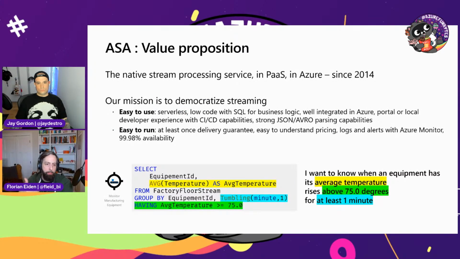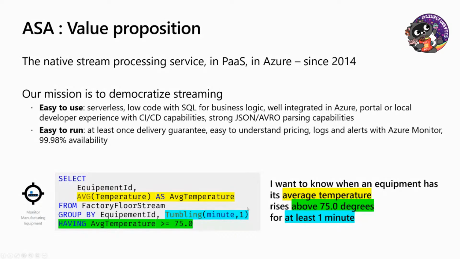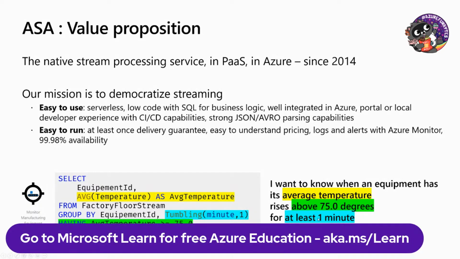As I mentioned, the mission is to democratize streaming, make that as easy as possible. Looking at that SQL query, if I want to know when an equipment, so that's a factory floor, but let's say I'm looking at coolers. I have produce that goes into coolers in each of my shops, and I need to know when the temperature rises above 75 degrees for at least 1 minute, because that means my produce won't be good anymore.